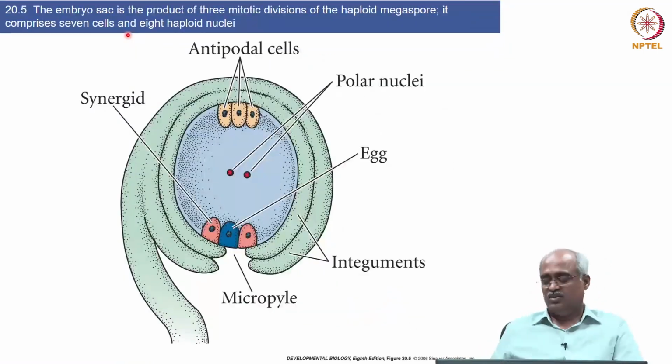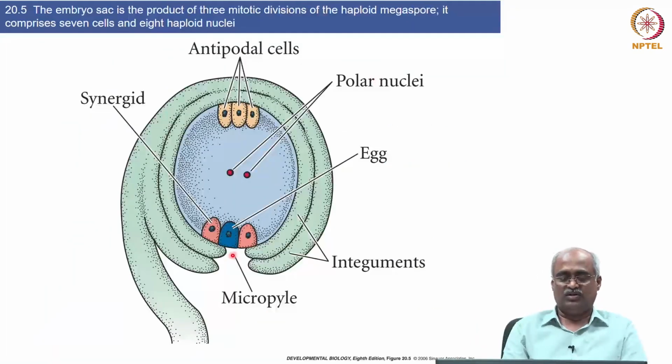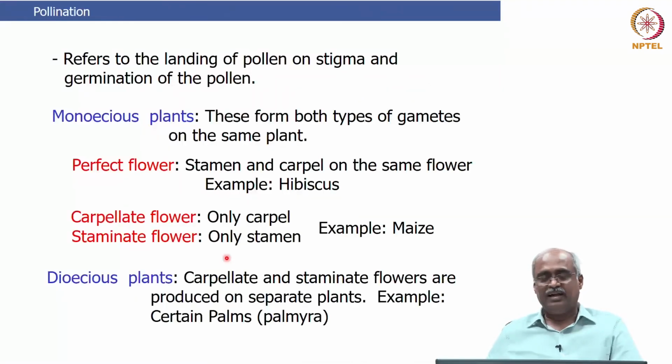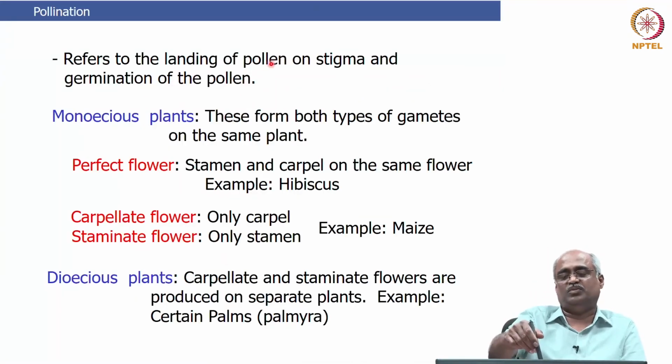The pollen grain lands on the stigma, and then it has to find its way to reach the micropyle. The process of the pollen grain being able to reach the egg cell is germination. So landing and germination is what is pollination.